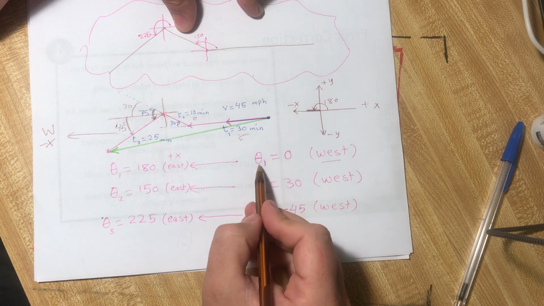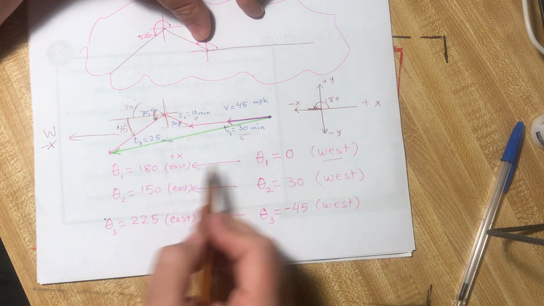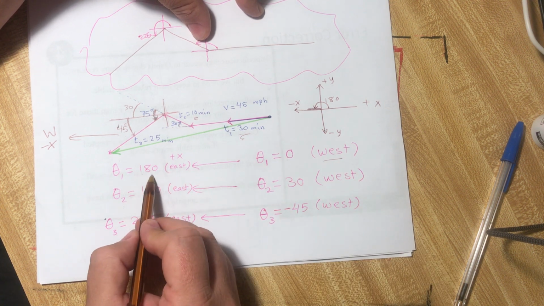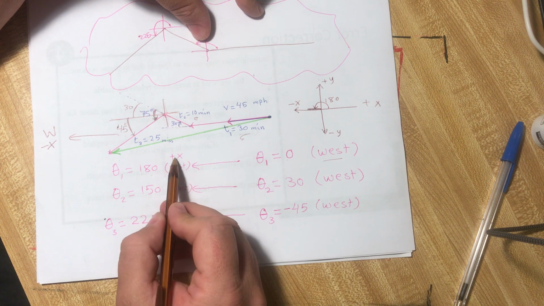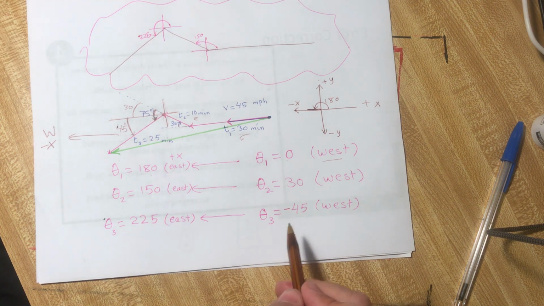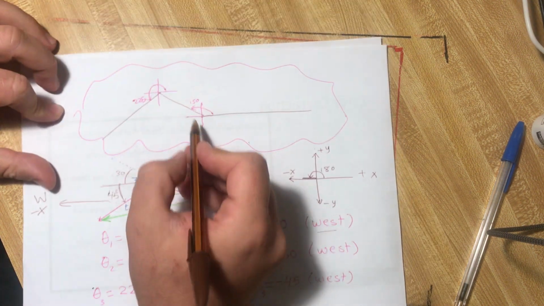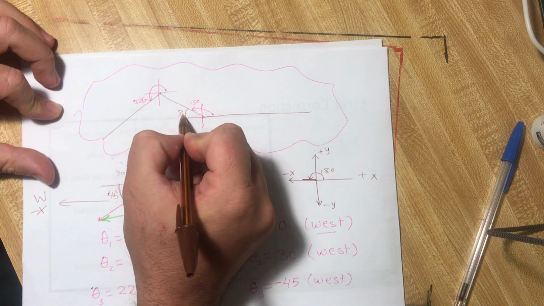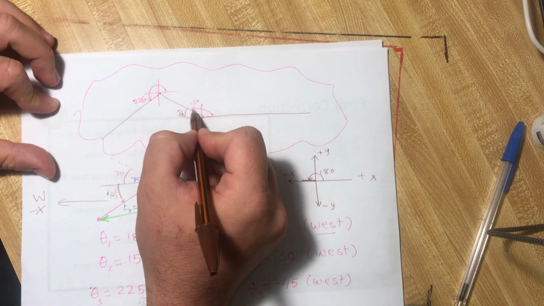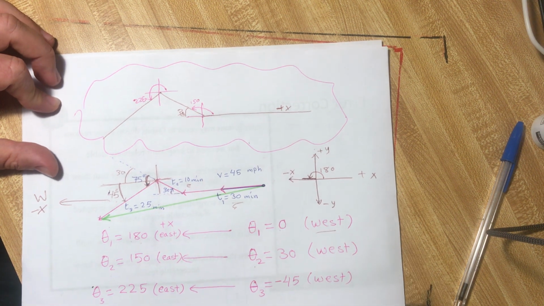So theta 1 for the first movement is not 0 with respect to west, it is 180 with respect to east or the positive x-axis. If I have 30 degrees with respect to west, like here, it is 150 degrees with respect to the positive x-axis.